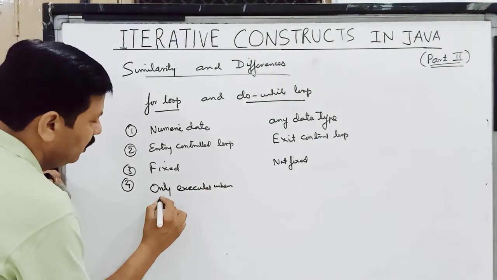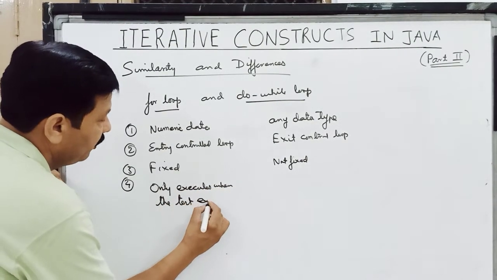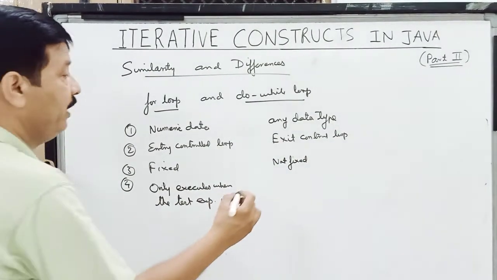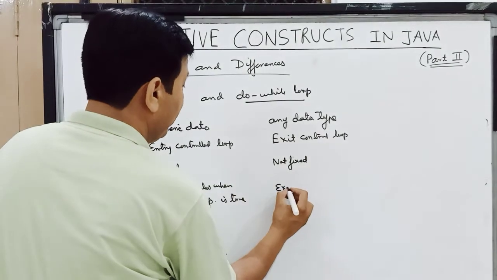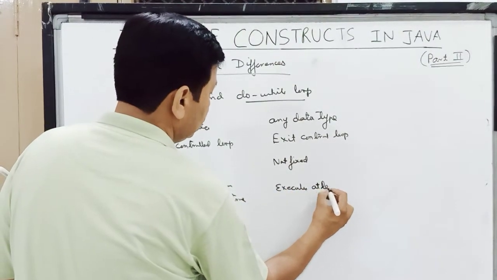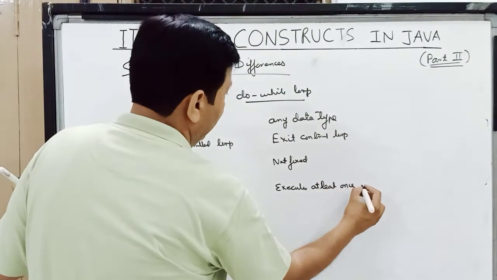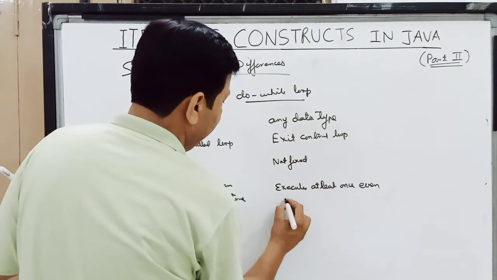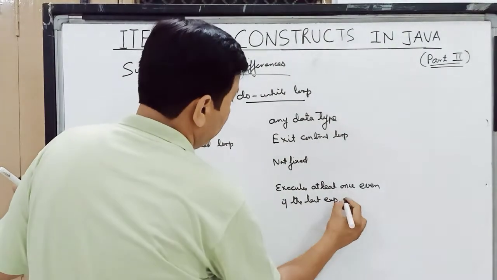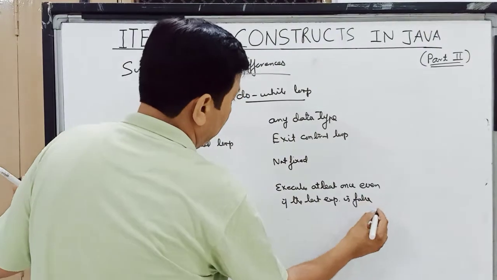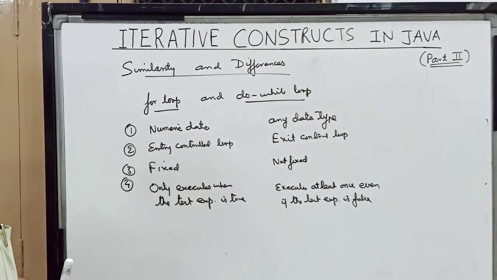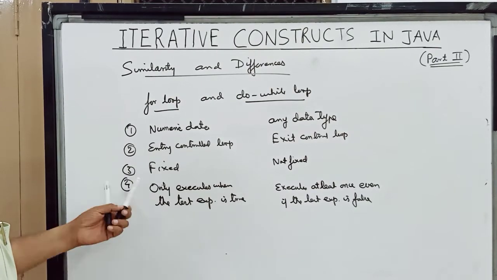And here we can say that do while executes at least once, even if the test expression is false. And the reason I have already told you, since the test expression is after the body of the loop, this is the reason.